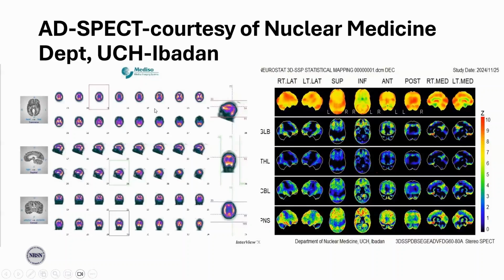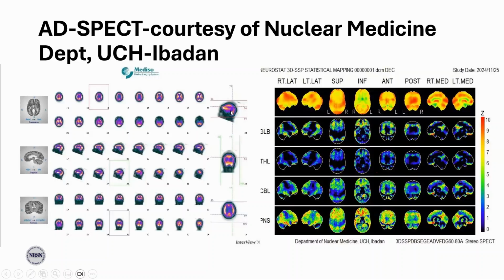If you notice, the images on my right here are a series of SPECT images that tell us about perfusion. So areas in the brain where there is perfusion will light up as yellow or red.